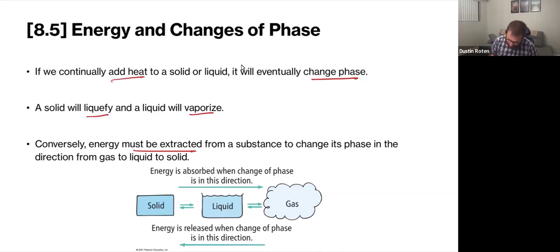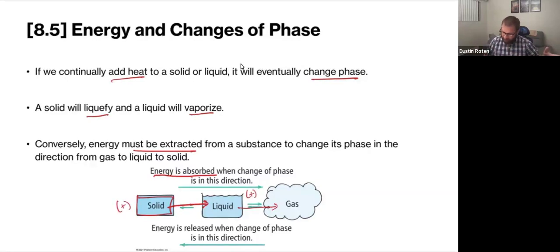So you'll notice going from a solid up to a liquid, heat's absorbed by the substance, right? So we have to give it some energy to make that transition. And then again, if we want to go from a liquid to a gas, you have to give it energy to go in that direction.